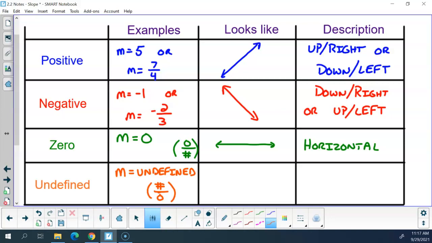So that's a vertical line. So those are the 4 choices that you have for lines in math. Positive slopes, negative slopes, horizontal.